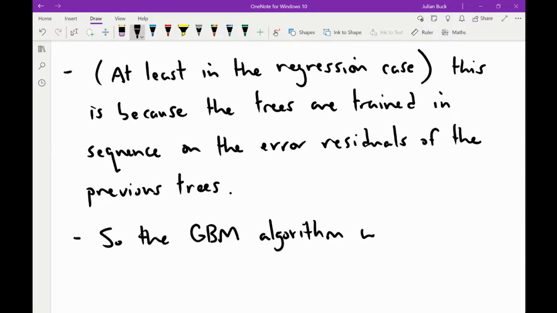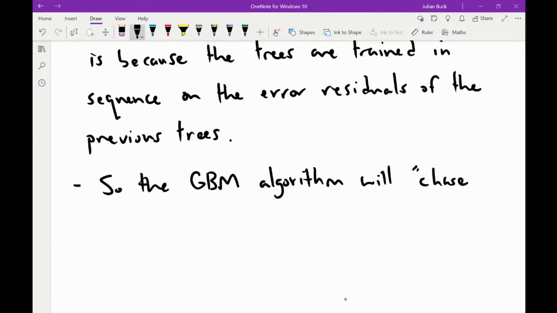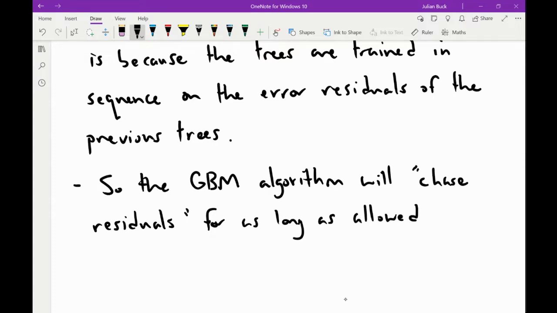Okay. So what's the result is, the GBM algorithm will chase residuals in some sense. It will keep trying to fix the errors, as much as you let it, for as long as you let it, for as long as allowed. Okay, so what's it doing then? In some sense, it's overtraining on the training data.